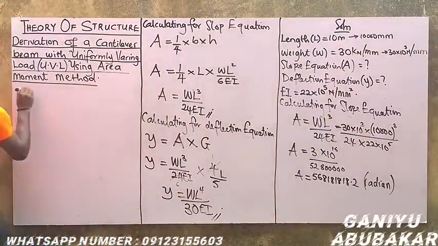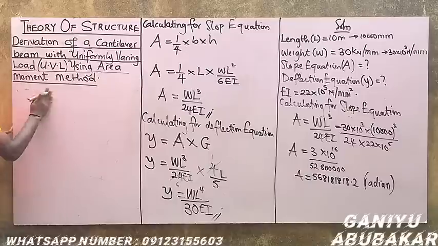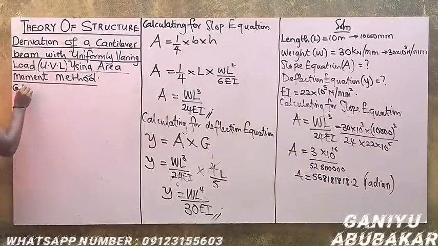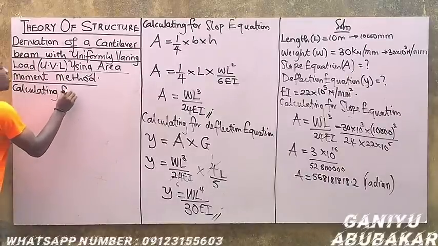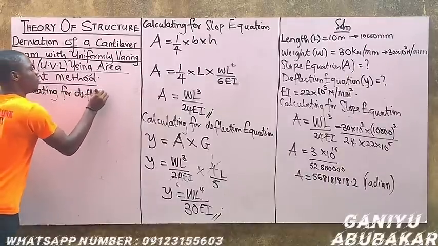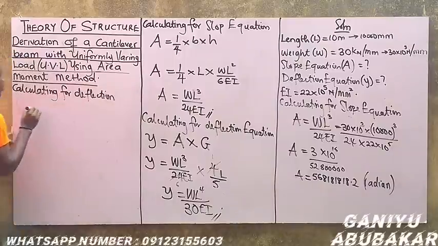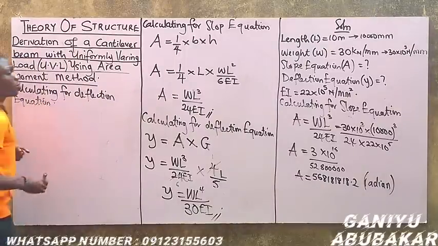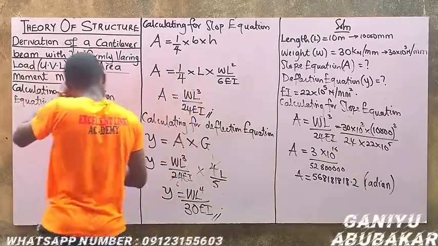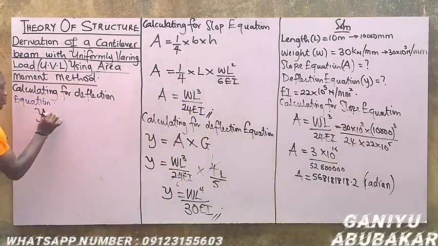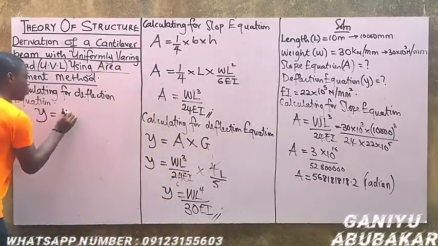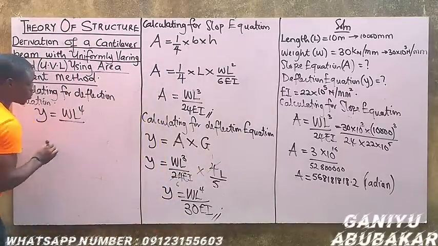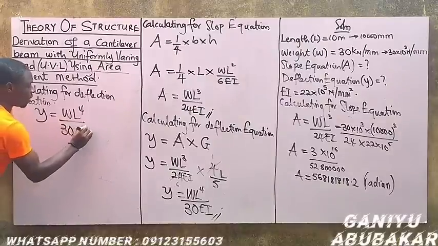So that's y, right? So what's y? Y is equal to this one here, plus WL to power 4 all over 30 EI.